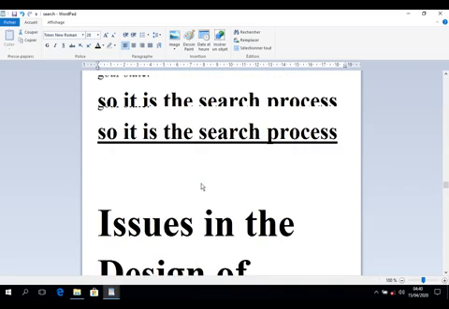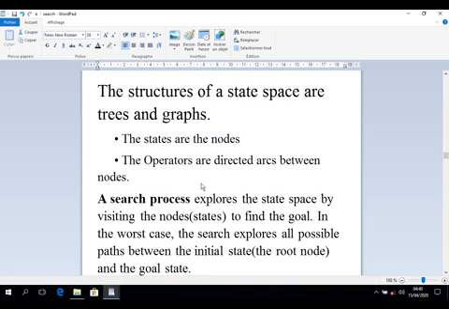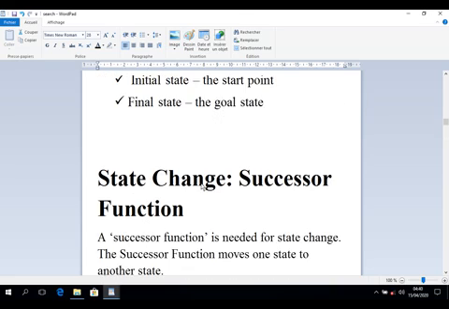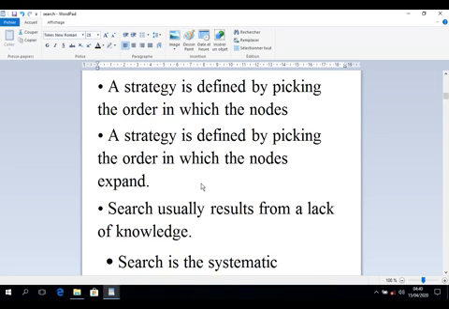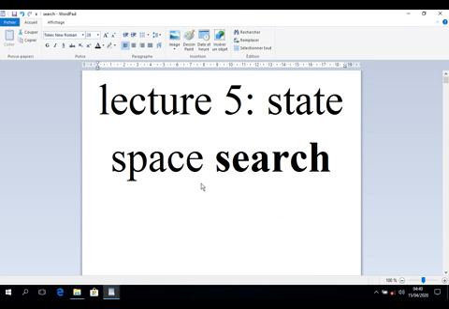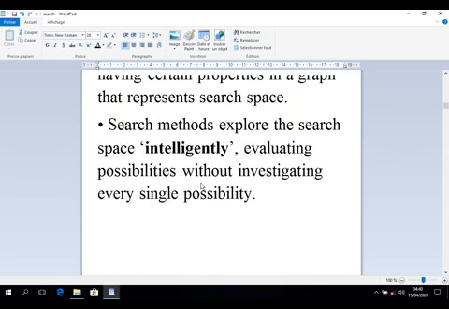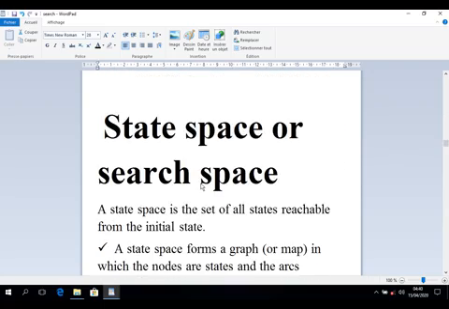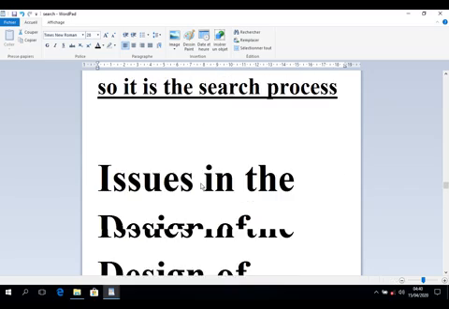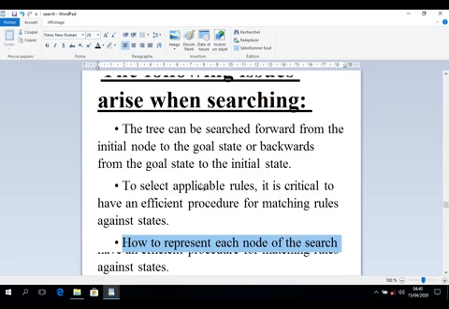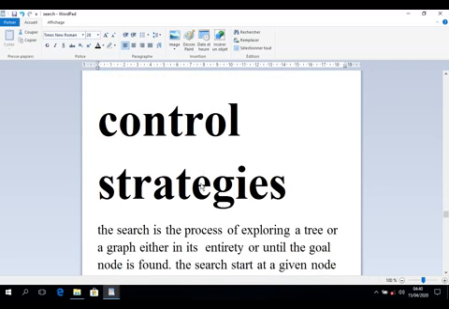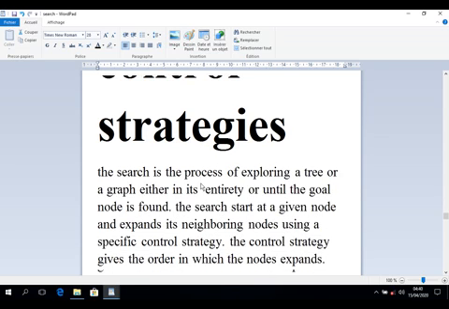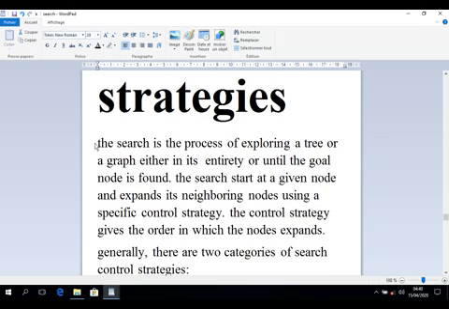So these are some issues. The tree can be searched forward from the initial node to the goal node, or backward from the goal state to the initial state. So that is one issue. You have to decide whether you should perform the forward search or the backward search.